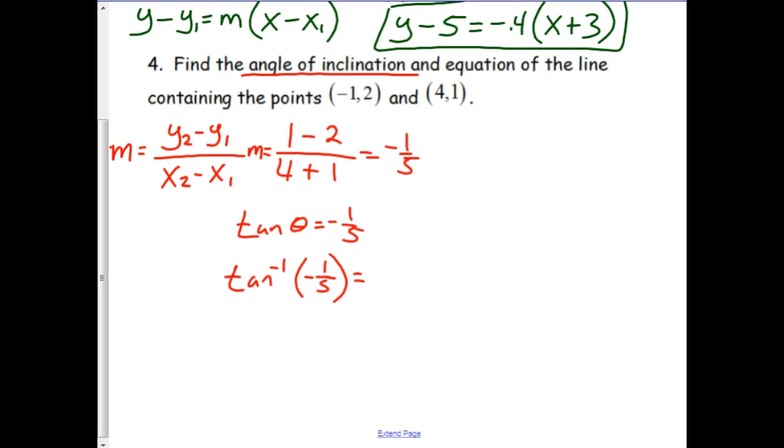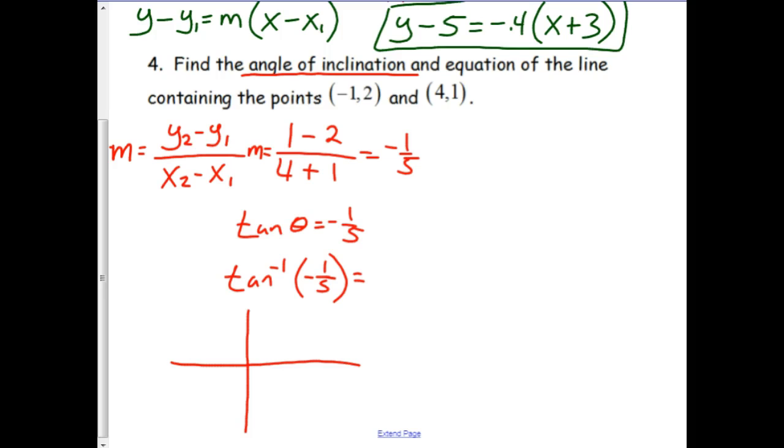And that's going to give me, let's see, inverse tangent of negative 1 divided by 5. That gives you negative 11.31, right?